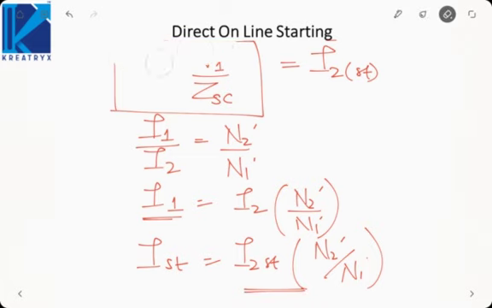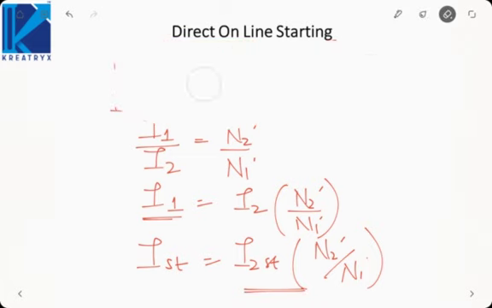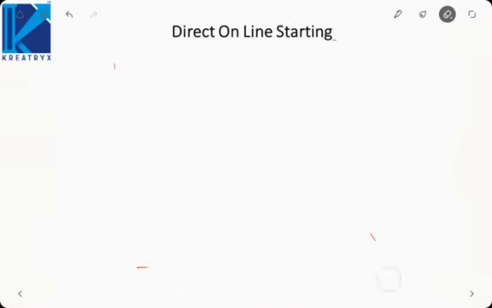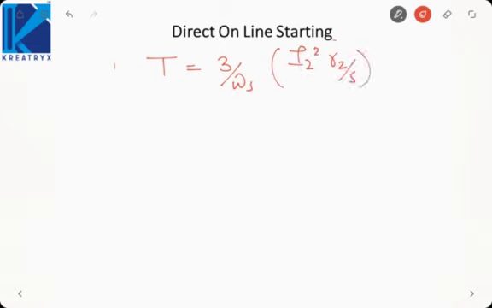When we are talking about the torque, what is the expression for torque? The torque is given by 3 by omega s into I2 squared R2 by S. So starting torque will be 3 by omega s I2 starting squared R2, because slip will be 1.